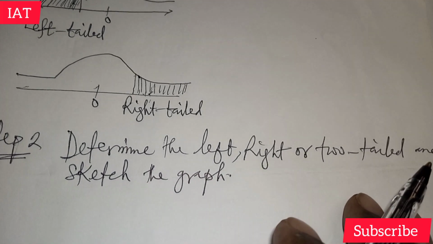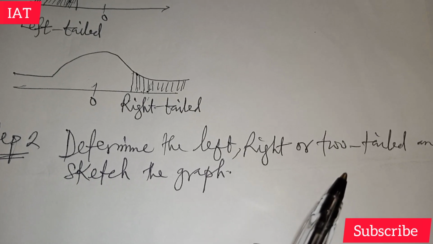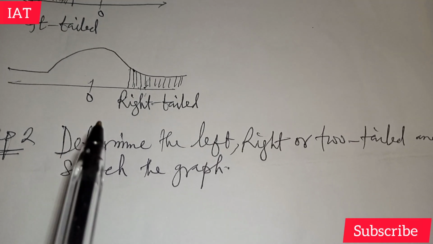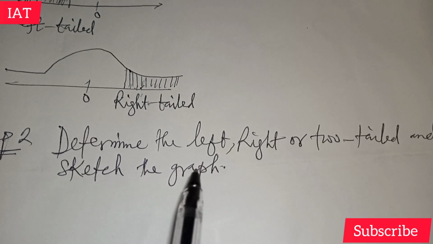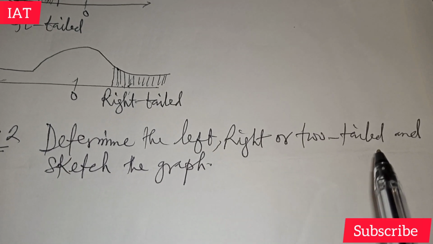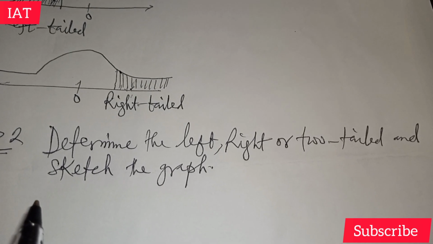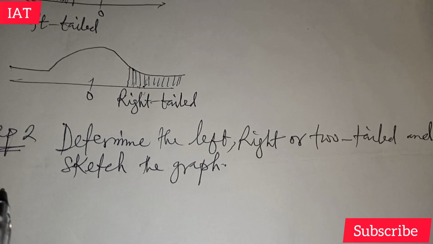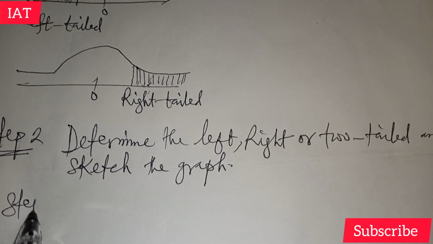So that's the next step you want to do. After you would have engaged in the first step, the second step is to determine the left, right, or two-tailed and sketch. And when you're done sketching, you need to also consider this third step.